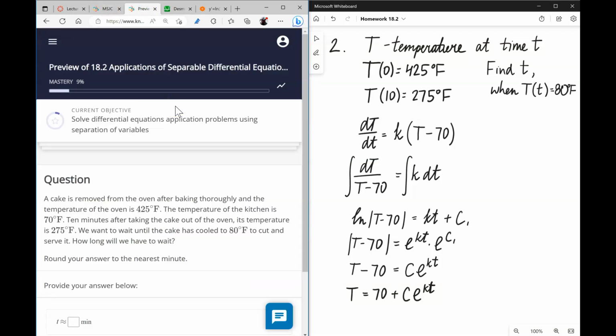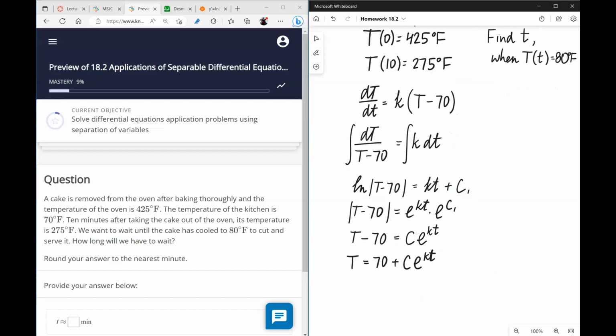So now, in order for us to find the function, we have to compute c and k, and this is where we're going to use the fact that T of 0 is equal to 70 plus c e to the power 0, which is 1. So it's just literally 70 plus c, and all that will be equal to 425, meaning that c is equal to 355.